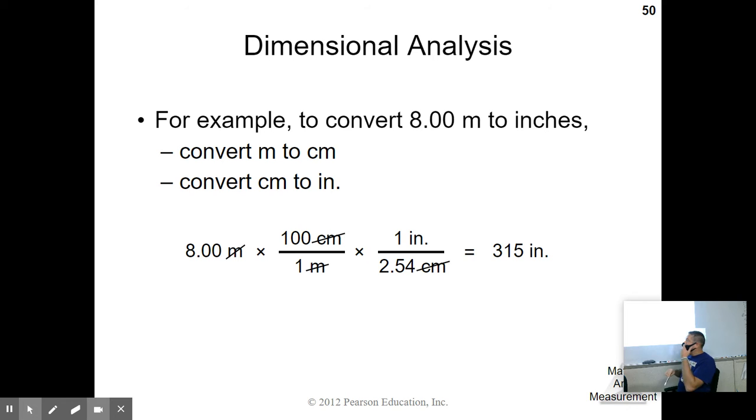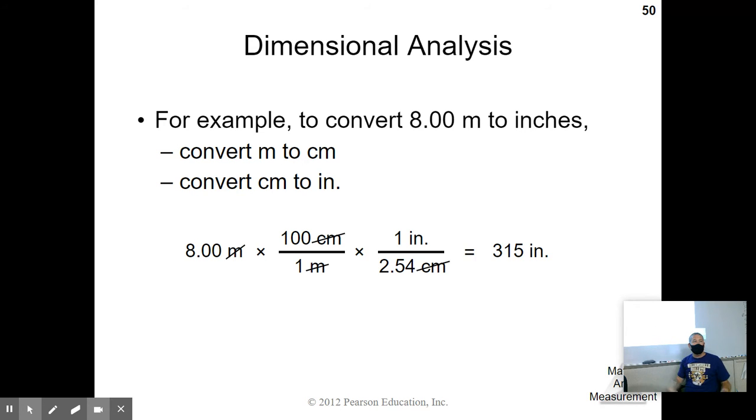Okay? So, moving along here, we need to go from meter to centimeter, and then eventually we're going to go from centimeter to inch. So, let's start off with that first one here. The conversion factor between meter and centimeter is that there are 100 centimeters in 1 meter. So, you just put their equivalents up here. 100 centimeter is equal to 1 meter.